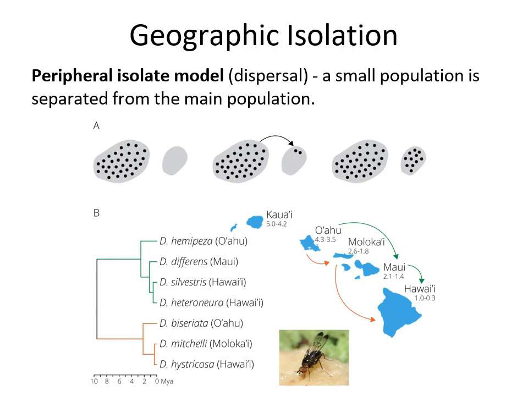The other model we can think of is one that we've already discussed to a certain extent, when we thought about dispersal and the effects of dispersal on population differentiation when we talked about FST values. So this peripheral isolate model is based on the fact that a population might be in a mainland population, hop over to another island, hop to another island. Sometimes it can hop back to that island.